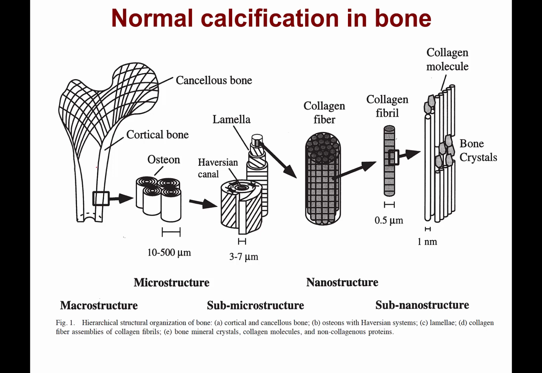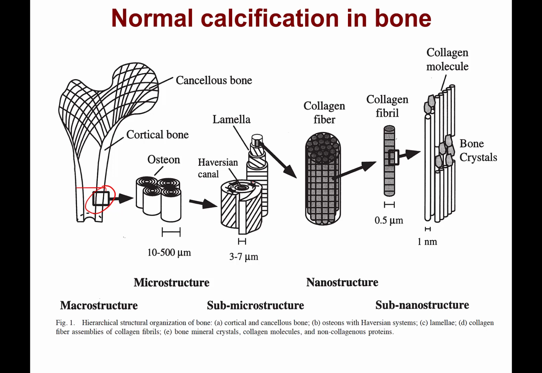And then in that cortical bone, if we zoom in from here, the individual subunits of that bone are called osteons. These osteons look like little tubes with concentric circles, right? But then there's a hollow canal in the middle called the haversian canal.